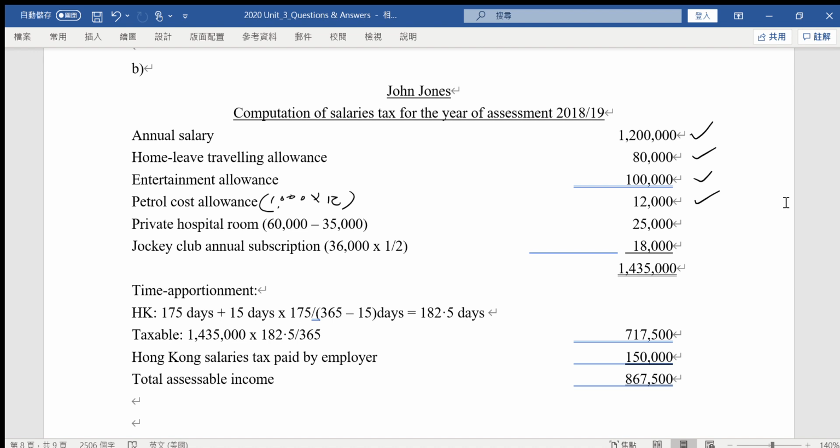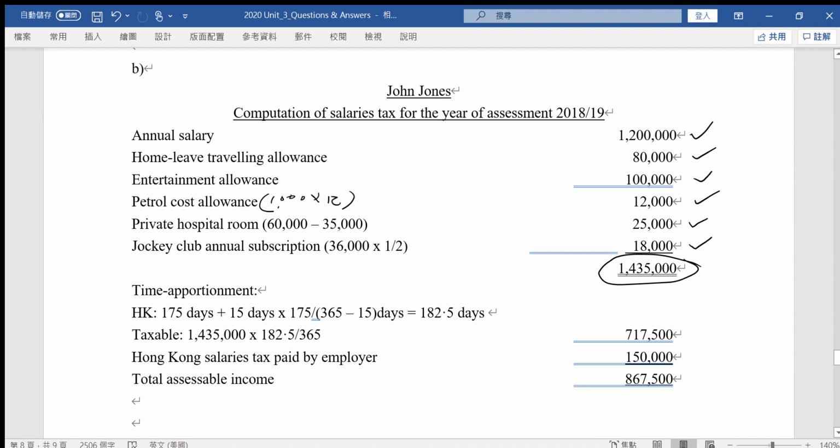Okay, and then the private hospital room, and that will be the portion reimbursed by the company. And then the reimbursement of half of the Jockey Club subscription fee, and that will be 18,000. Okay, the total will be 1,435,000 in total. Okay, that is the total annual income of John Jones.